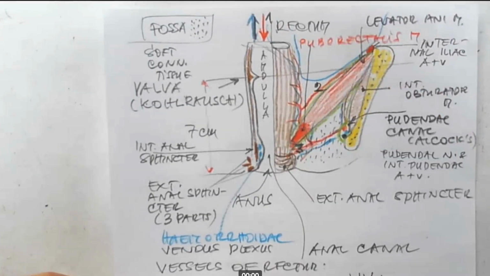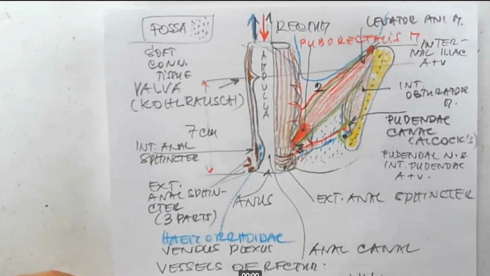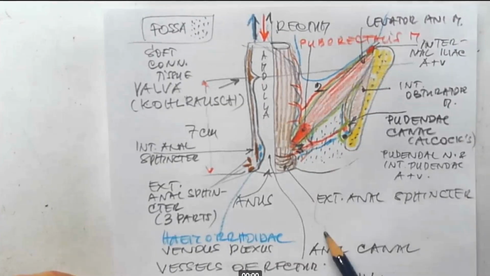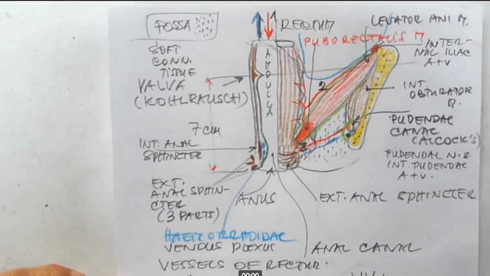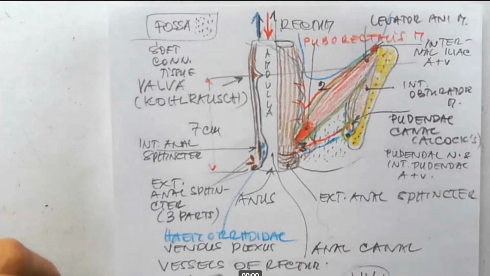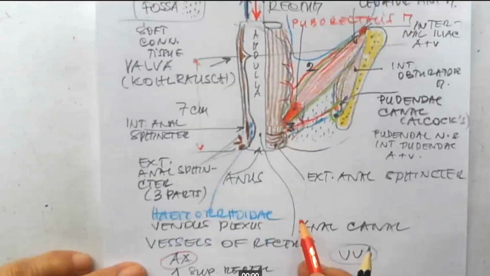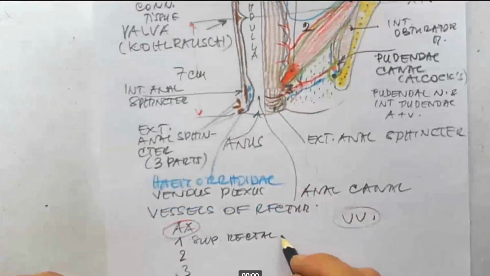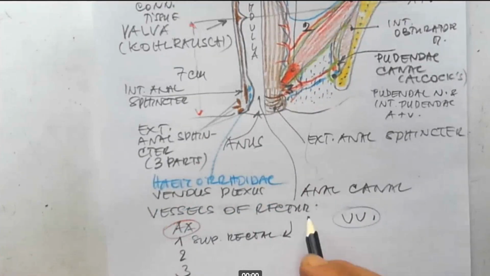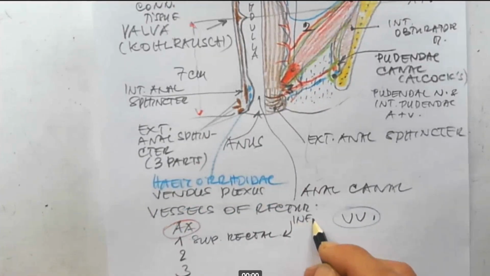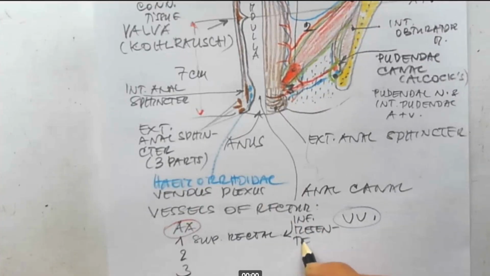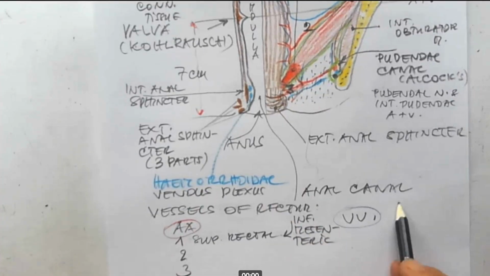Number 1 is the superior rectal, of course, artery or vein, both. And this superior rectal artery plus vein comes from the inferior mesenteric artery and vein. The same is with the veins.